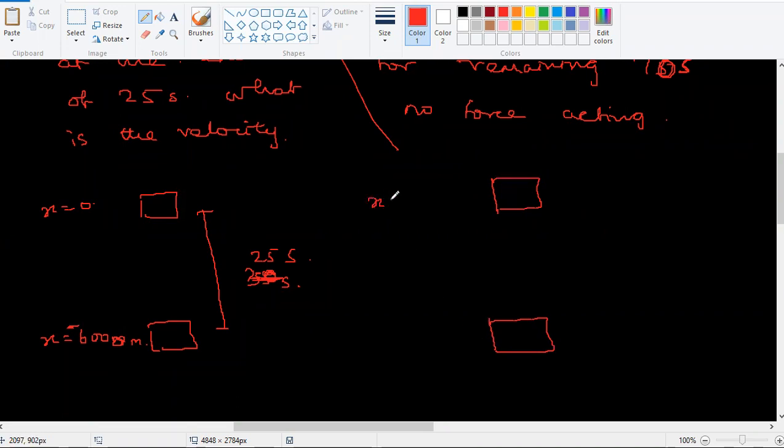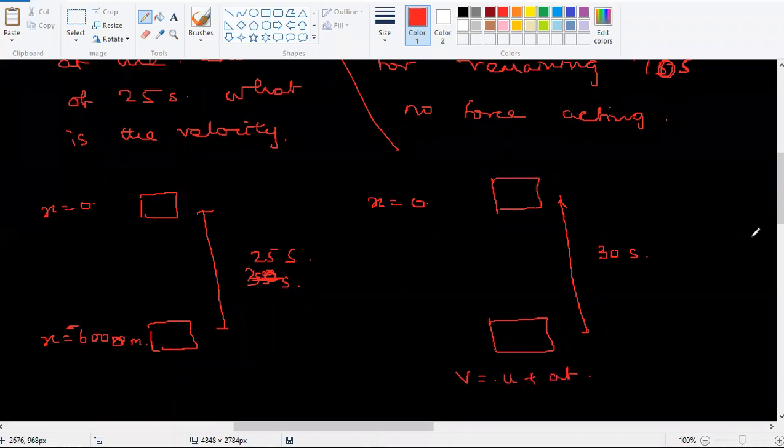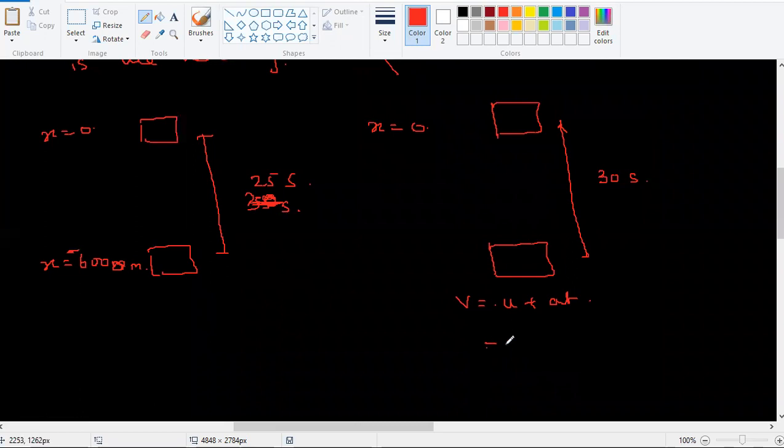So x is equal to 0 here. And after 30 seconds, where is this? Maybe I don't need this location, but I need the velocity here. The final velocity v is equal to u plus at. u was going in the positive direction initially.